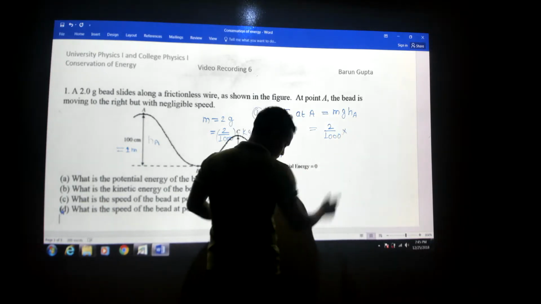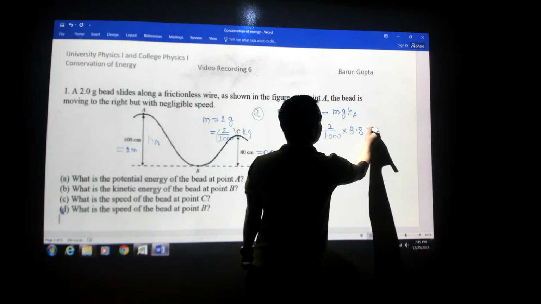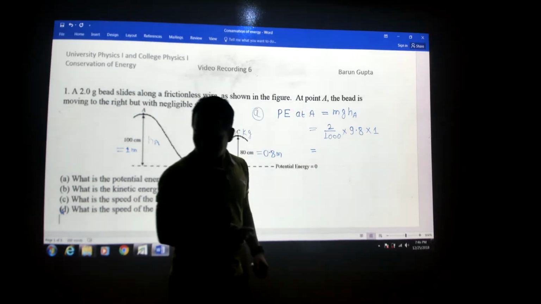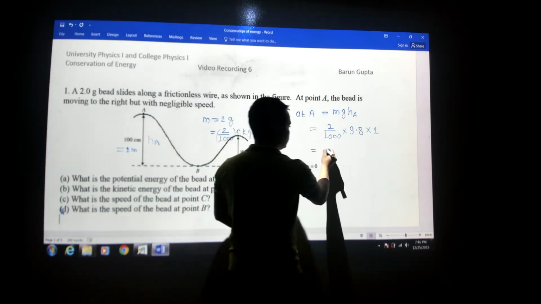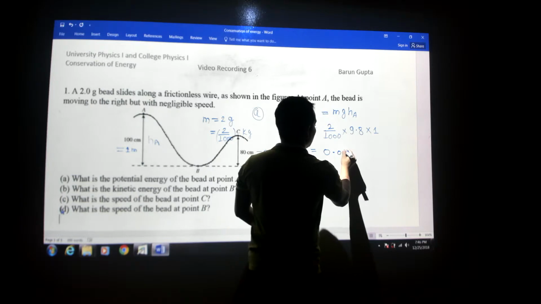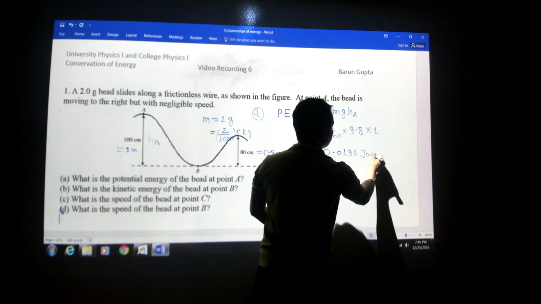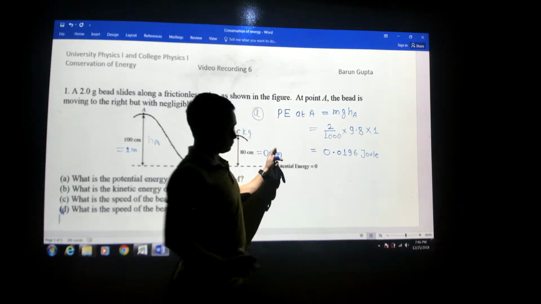The gravity is 9.8, and the height is 1 meter. So just plug in all the numbers, and the answer you will get is 0.0196 joule. This is the answer for number 1.